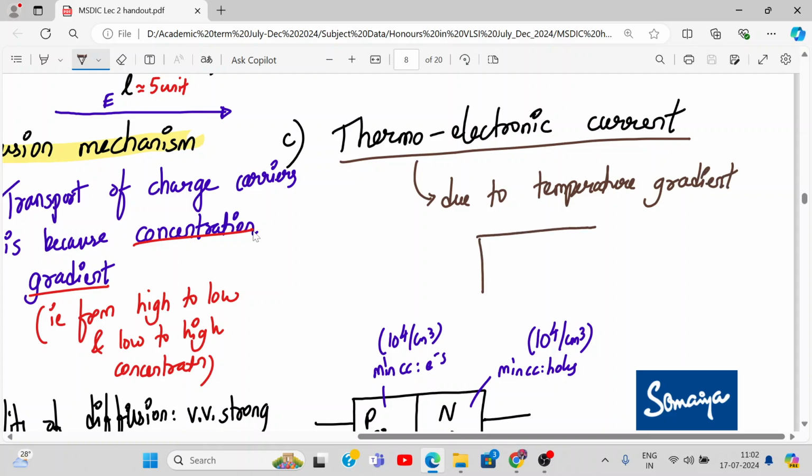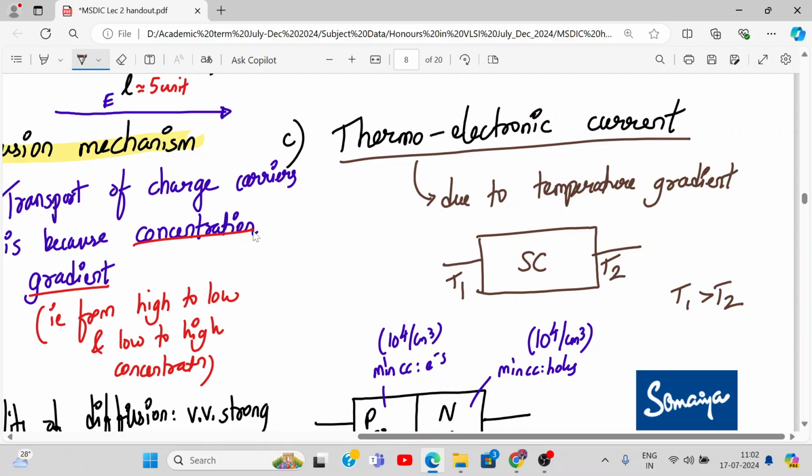Let's say you have a semiconductor material, and at this side of the semiconductor the temperature is T1, and on this side the temperature is T2. T1 is greater than T2. Whenever the temperature at different points of the semiconductor is different, the current which flows is called thermoelectric current.